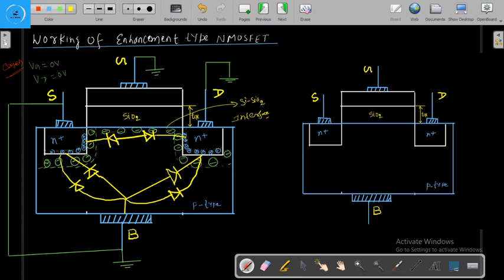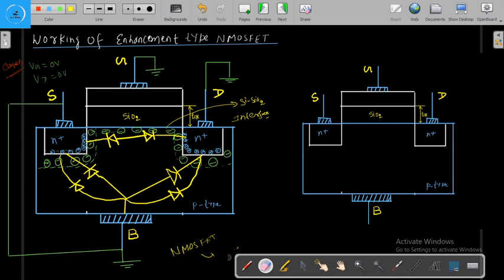The MOSFET having the P type substrate is the N MOSFET, and the P MOSFET has the N type substrate. Remember these things.